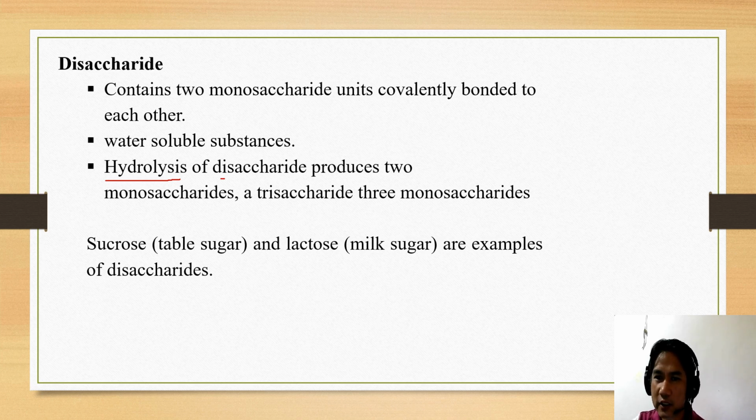So, a disaccharide, when it is hydrolyzed, will produce two monosaccharides. A trisaccharide means three monosaccharides that are linked together. When a trisaccharide is hydrolyzed, it will produce three monosaccharides also.